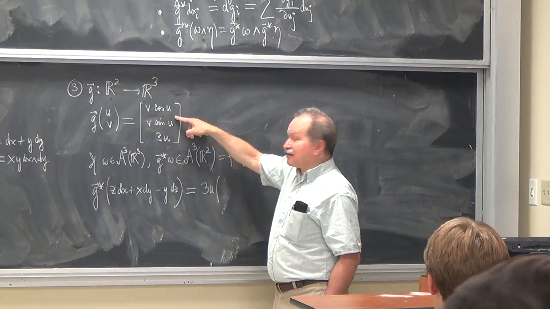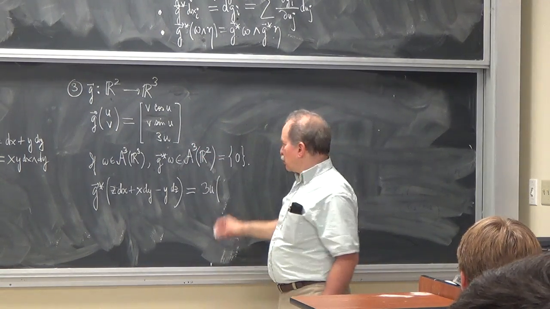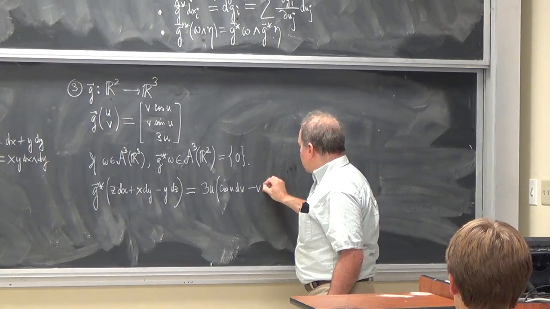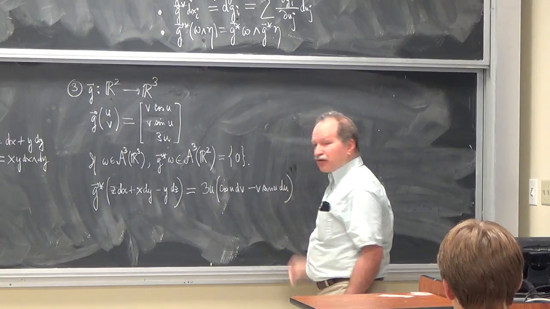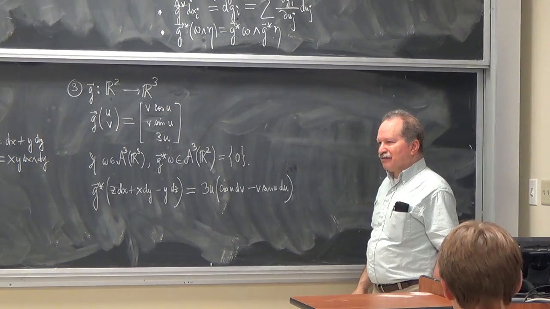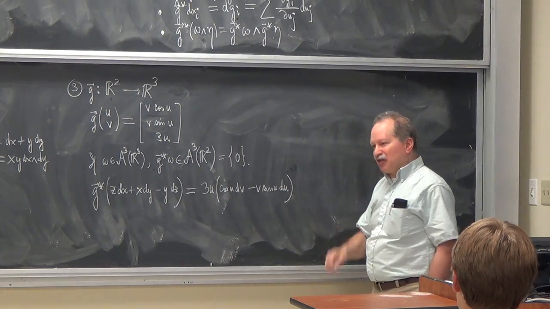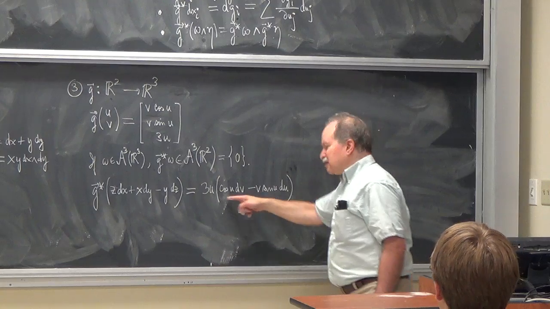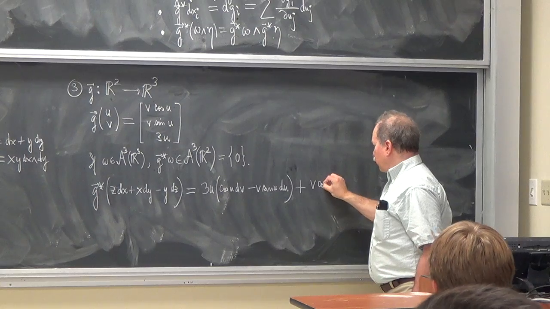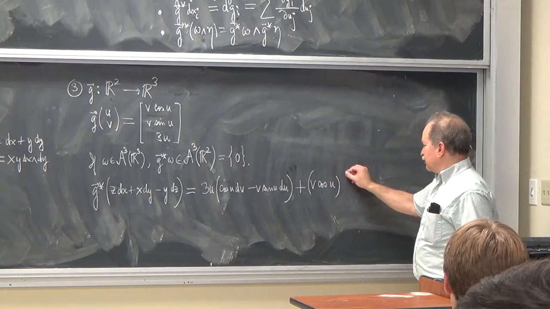Negative v sine u dv, next to v sine... minus v sine u du. Does everybody agree? What are we differentiating with respect to? Everything. Remember, d of a function is the sum of the partials times the corresponding d thingies. So you do the complete derivative. Plus x dy pulls back.